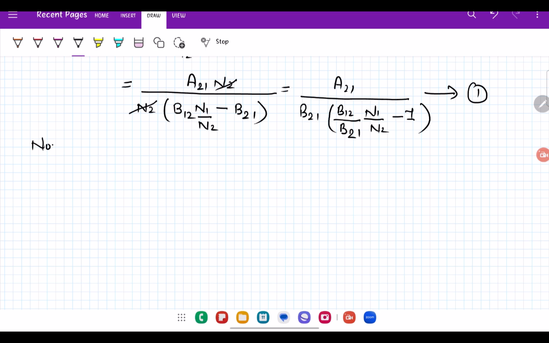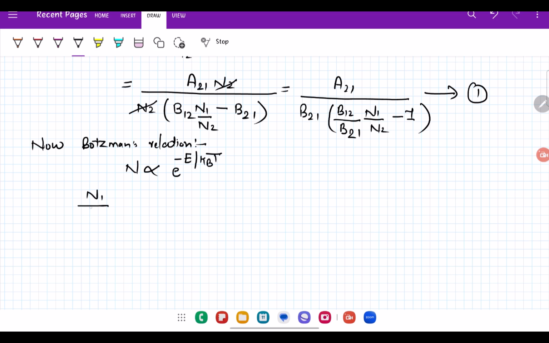Now here we have N1 and N2, the number of atoms present in state 1 and state 2. The number of atoms can be estimated by using the Boltzmann relation, that is, the number of atoms present in any state is always proportional to exponential of negative the energy of that state over kBT, right?